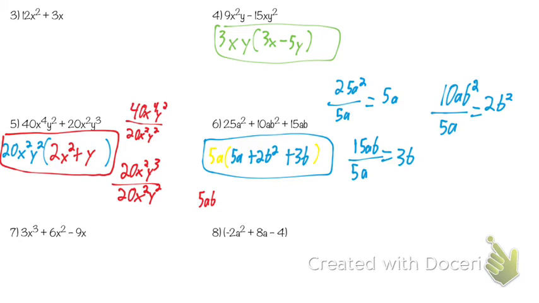Instead of 5a, can we make it 5ab? Well, what would happen as 5ab multiplies with 5a? It'd become 25a squared b. Does it have a b? No, that's why we couldn't take it out. Because as you multiply back in, you'd end up giving it a b that it never had. Does that make sense?